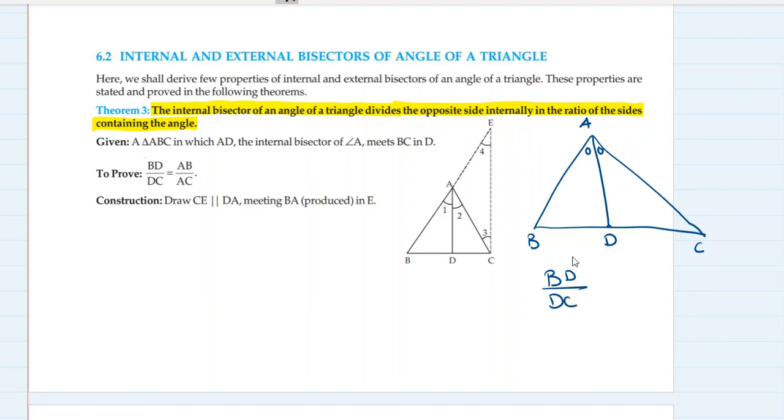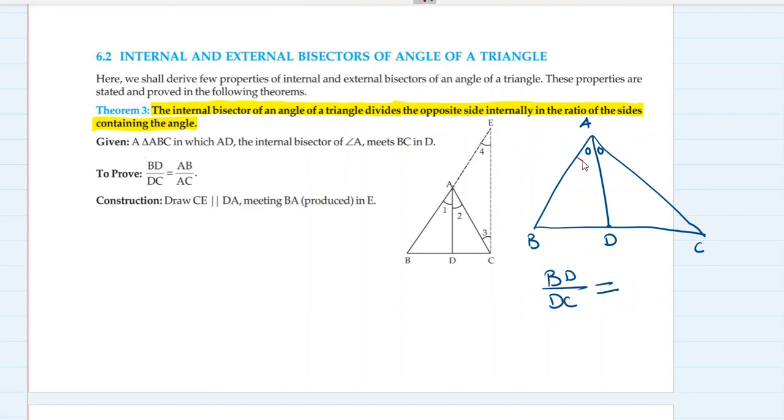The ratio of these parts, into which the side is divided internally, is equal to the ratio of the sides containing the angle. The internal bisector of an angle of a triangle divides the opposite side internally in the ratio of the sides containing the angle. Now the ratio BD upon DC is equal to the ratio of the sides containing the angle. Which angle are we talking about?